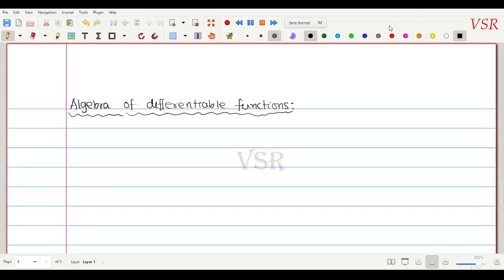So the first theorem is theorem 1, இது எல்லாமே தான் theorem 5.3, okay.